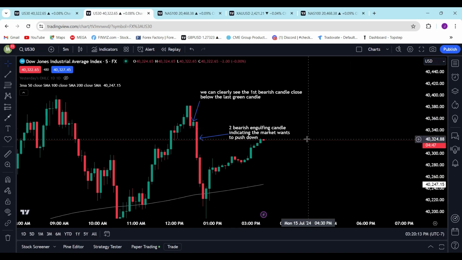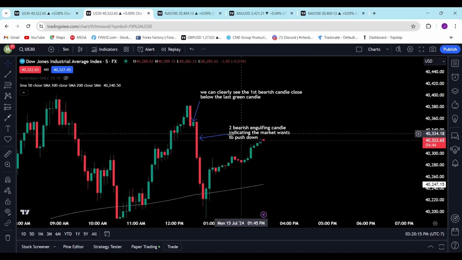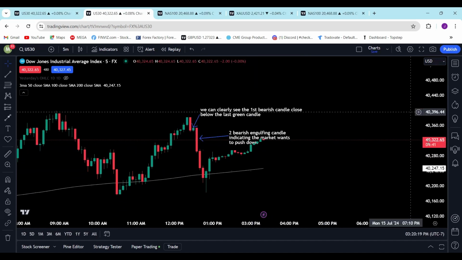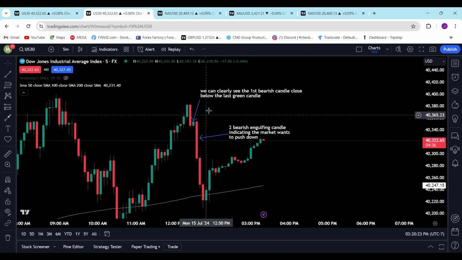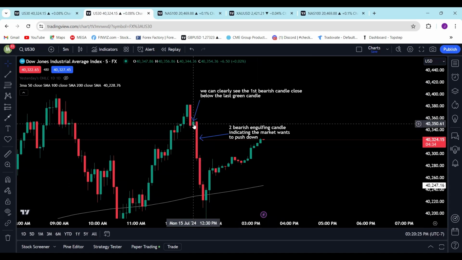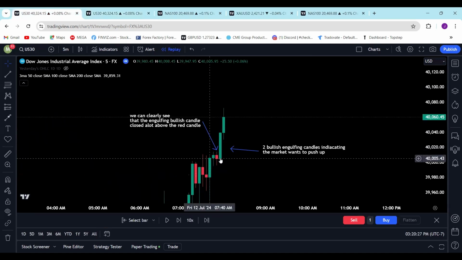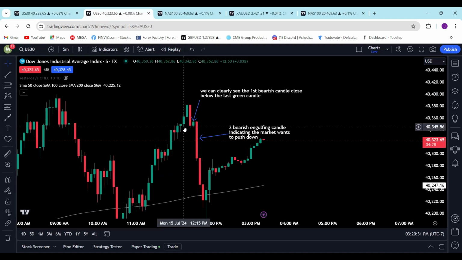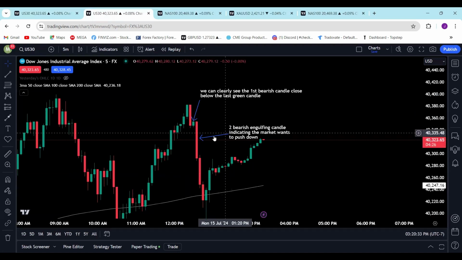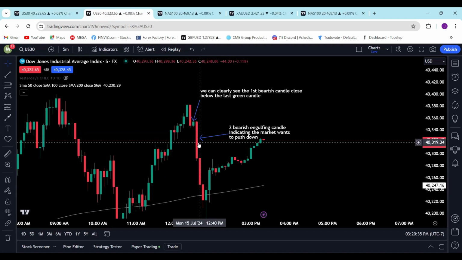So this is what a bearish engulfing candle looks like. You guys can literally see it right here. Just like the last one, this candle is red, right? And then look at here, it's bearish, so it's green, right? Because it's selling. So these are what two engulfing bearish candles look like.